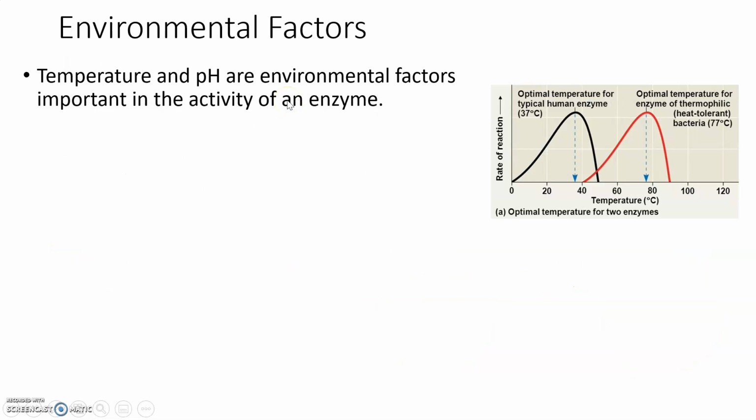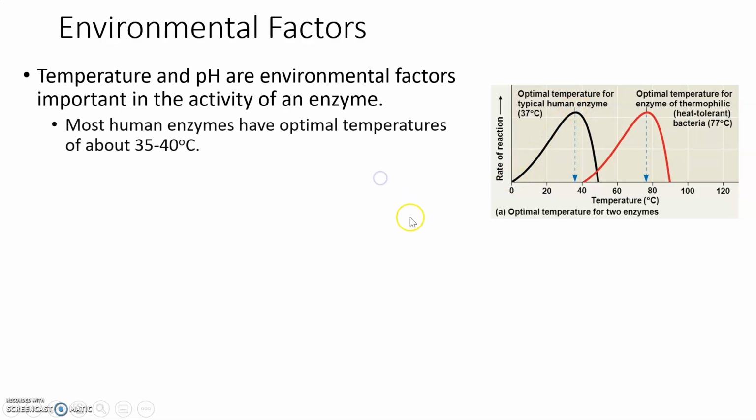Temperature and pH are the main environmental factors when we're talking about all proteins, very specifically enzymes and enzyme activity. You're going to see quite a few graphs in this chapter that show temperature or pH, and you can tell the optimal temperature by looking at the height of the curve.